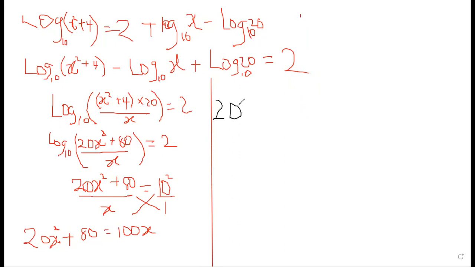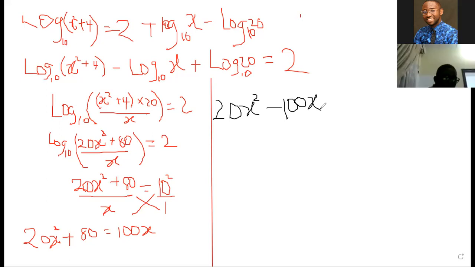Now rearranging this should be 20x squared minus 100x plus 80 equals to 0.